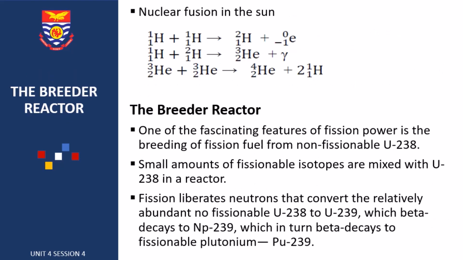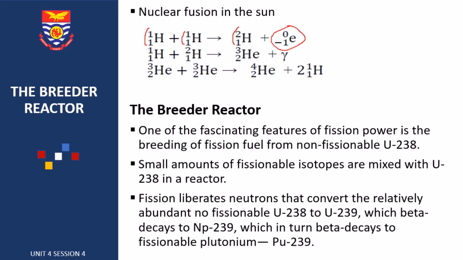lasers. So in the sun, the nuclear fusion reaction that occurs involves a first step where a protium fuses with another protium. The protium is a hydrogen with mass number of 1 and proton number of 1. When the two of them fuse, they form deuterium, which has mass number of 2 and a proton number of 1, with the emission of a beta particle.